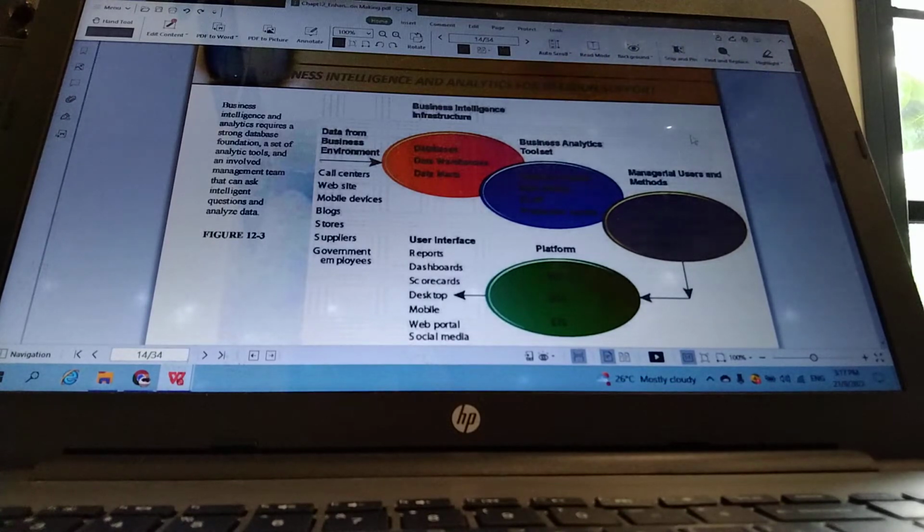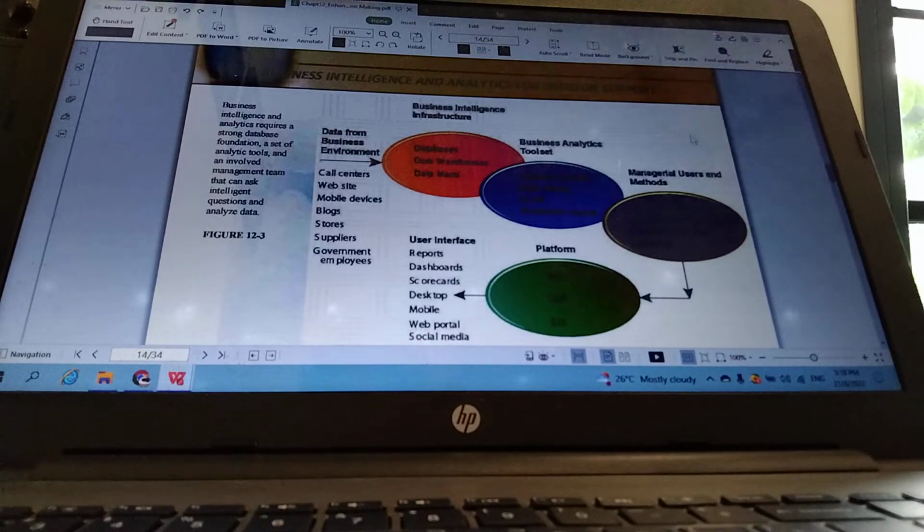And the data for the business intelligence or BA comes from areas such as call centers, websites, feedback, interactively when the users or the customers or the consumers give feedback to you through the website, through mobile devices, smartphones, through blogs, through some digital stores, online feedback, or even feedback from the users directly onto your databases, data warehouses, or data marts.